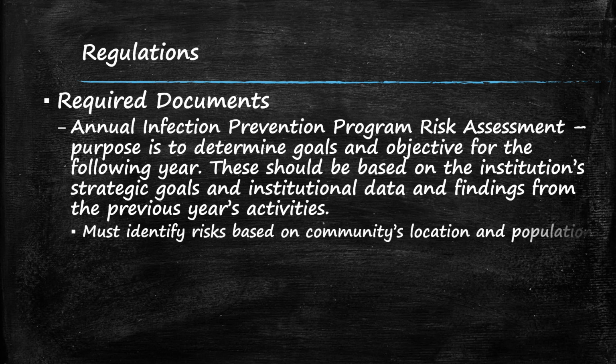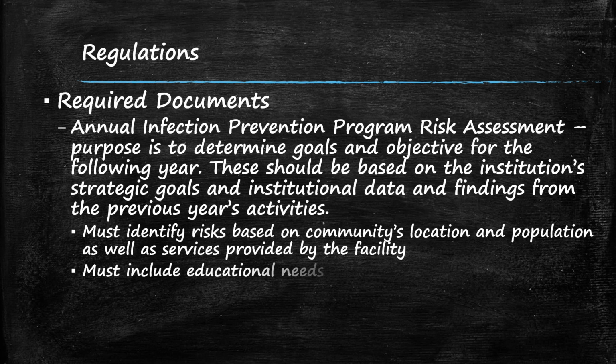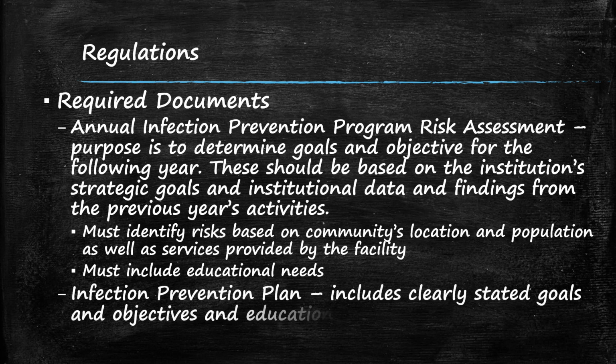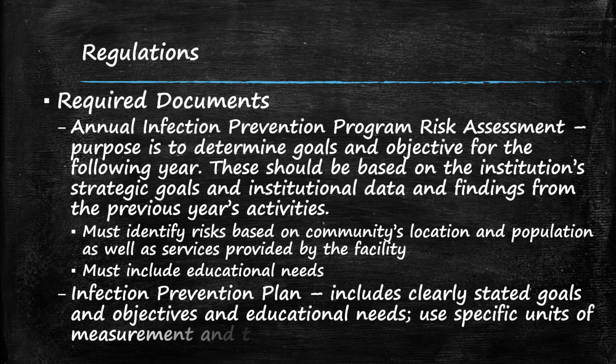You have to identify your community's risk based on its location and population and those that are serviced by the facility, as well as the educational needs. Another important document is the infection prevention plan, which includes clearly stated goals and objectives and educational needs as well, and uses specific units of measurement and timeframes.